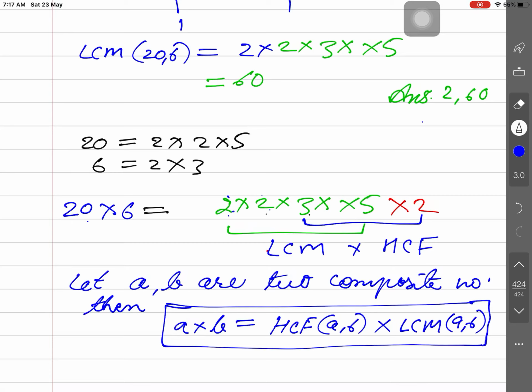When two numbers are multiplied together, their HCF and LCM also get multiplied.